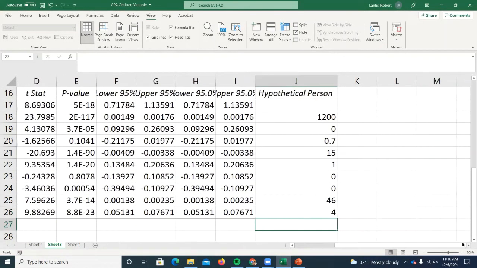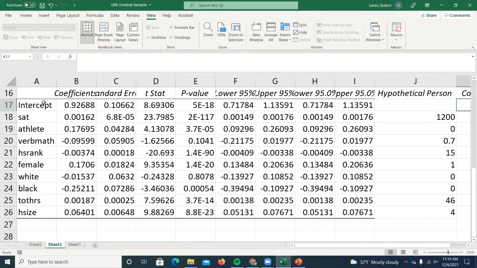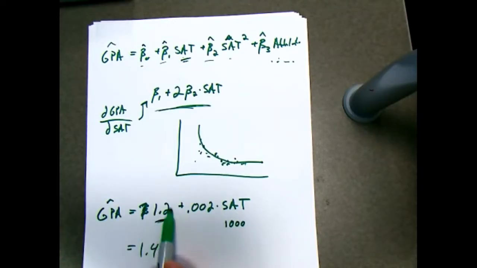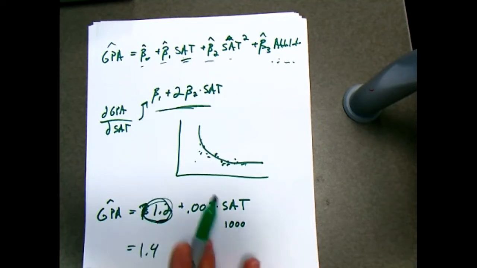How could I come up with their predicted GPA? Well, probably the easiest way to do this would be to just take each coefficient and multiply by the X value for this person. Now, for the very first row here, we've got the intercept. Well, when we're writing out this equation, right, the intercept isn't multiplied by anything. It's always added in to our prediction. Okay.